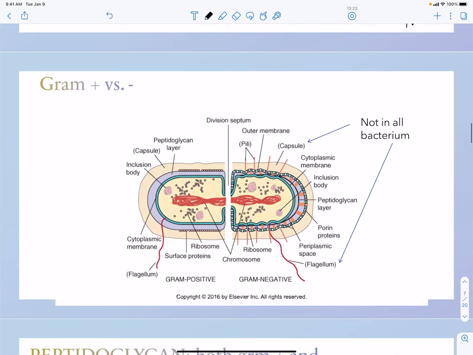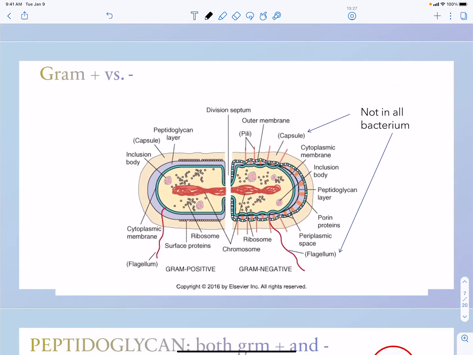So this is just a picture showing the two of them. You have gram-positive versus gram-negative. Keep in mind that some virulence factors, such as flagellum, can be in either gram-positive or gram-negative. A capsule can be in either gram-negative or gram-positive, but not all bacteria will have this.